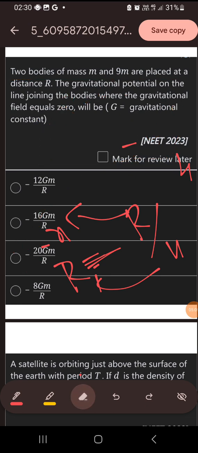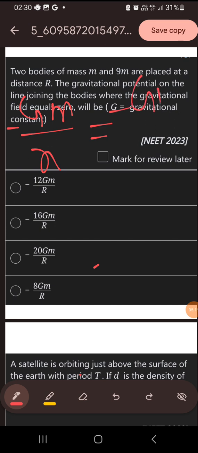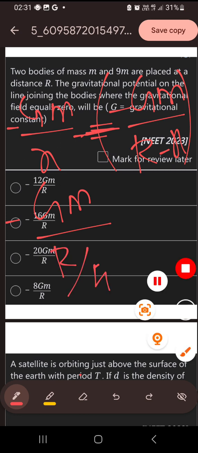Directly we can substitute all these values into our formula. Gravitational potential is equal to minus G m by x minus G 9m by r minus x. What is the value of x? r by 4.